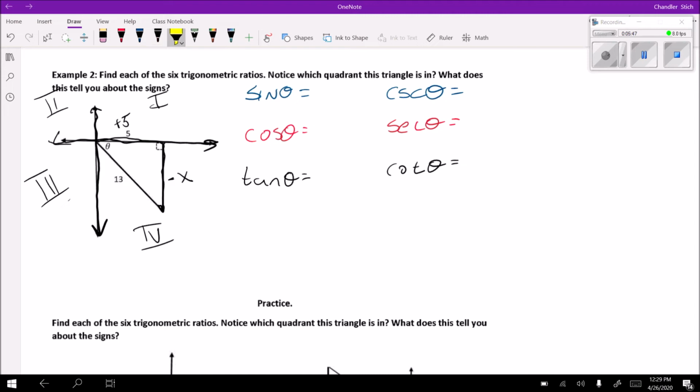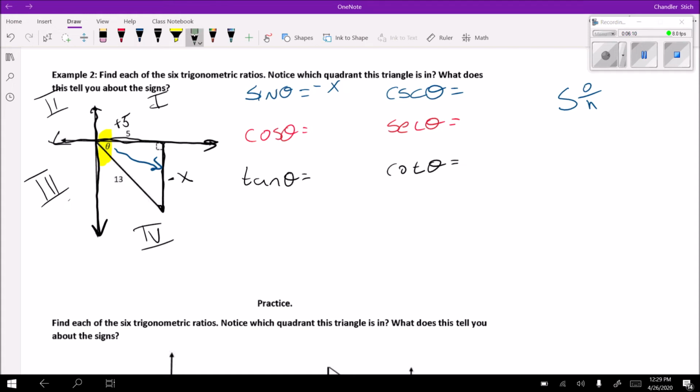Here is my theta. Let me find sine, cosine, tangent. Sine, I always like to just write it on the end, so I don't mix it up. So sine is opposite over hypotenuse. Okay, here's theta. Opposite would be negative x.